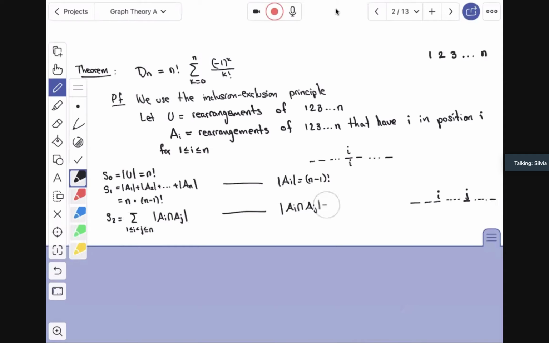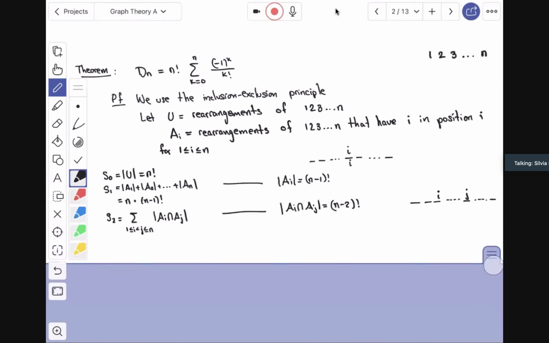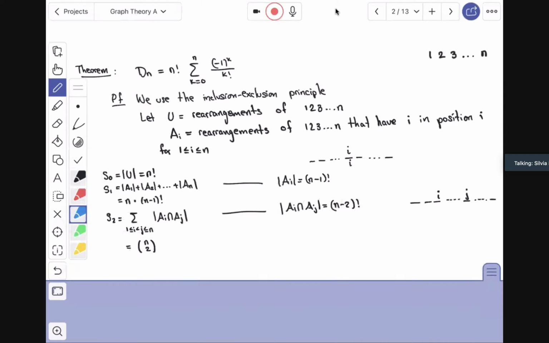So I and J don't move. So now I only have to permute n minus 2 elements, right? And so it's going to be the same for any pair. And I just need to count how many terms in that sum I have. Let's then choose 2, because I'm taking an I and a J, any pair. So this is the number of pairs, or terms in the sum. And then I multiply times that n minus 2 factorial.